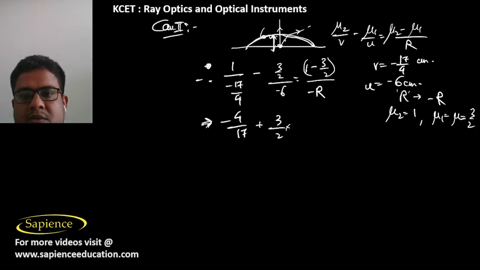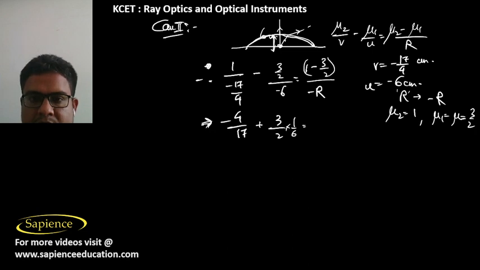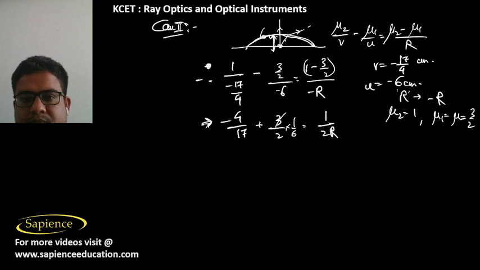Plus 3 by 2 into 1 by 6 is equal to 1 by 2r. 1 by 4 minus 4 by 17 is equal to 1 by 2r.